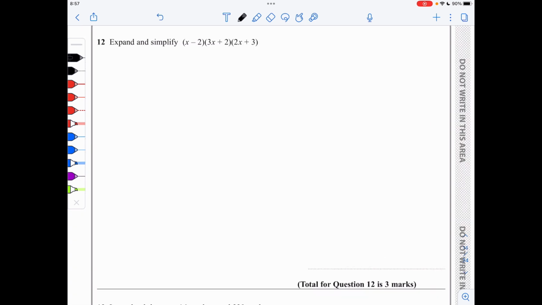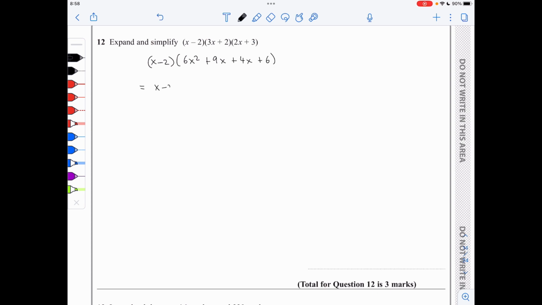In 12, we need to expand and simplify these 3 brackets here. So we start with x minus 2, and I will expand the 3x plus 2 times 2x plus 3. 3x times 2x is 6x squared, 3x times 3 is 9x, 2 times 2x is 4x, 2 times 3 is 6.